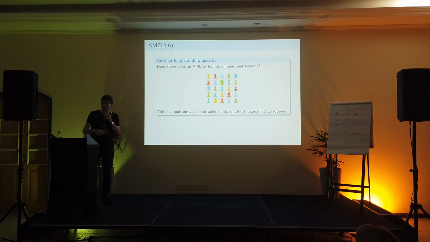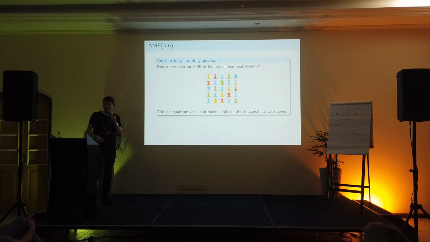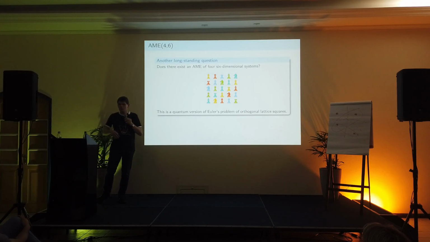Now you can do the same thing for 6 times 6 squares. You take another chess figure, actually the pawn is missing, you can use it, and then use 6 colors, and you try to find such a square. Already Euler remarked that this is not possible, and it was proven later that it's really not possible.